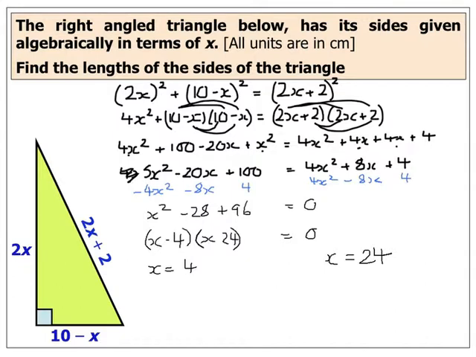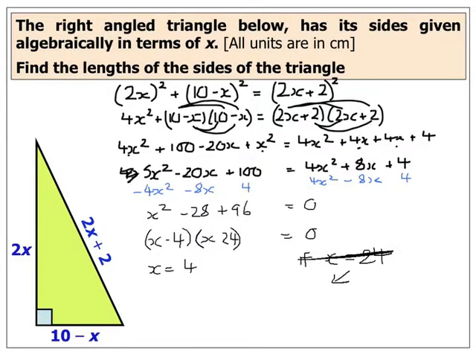So if x was 24, then we could find the values of the sides. If x was 24, the side lengths would be 10 minus x. Actually, if you look at that, it doesn't make sense now, does it? 10 take away x would give you a side length here at the bottom of minus 14.